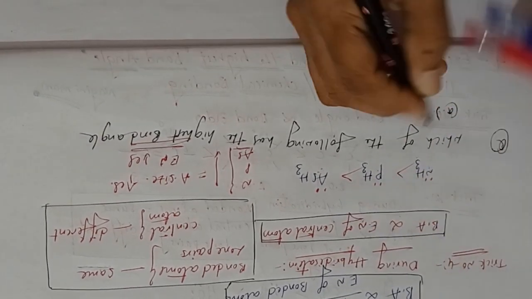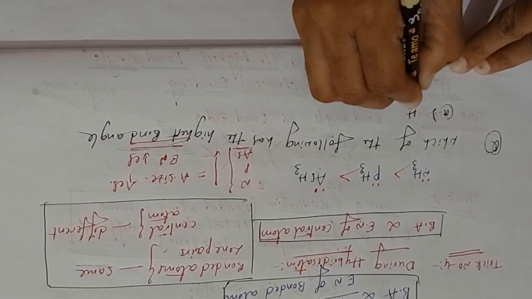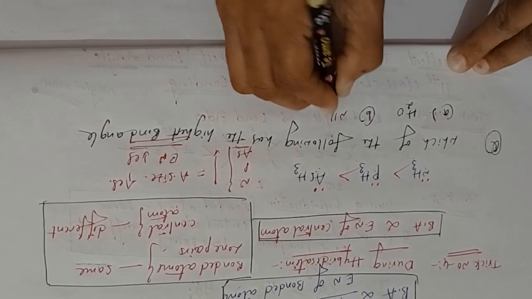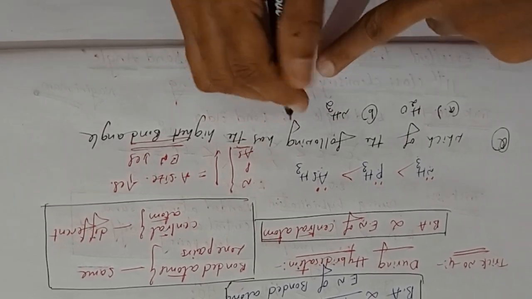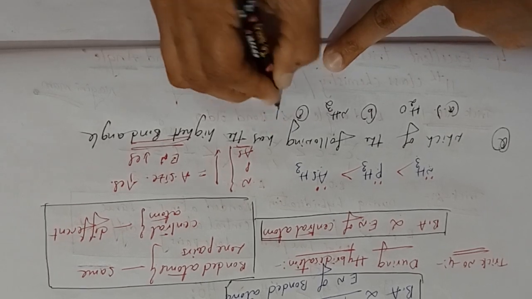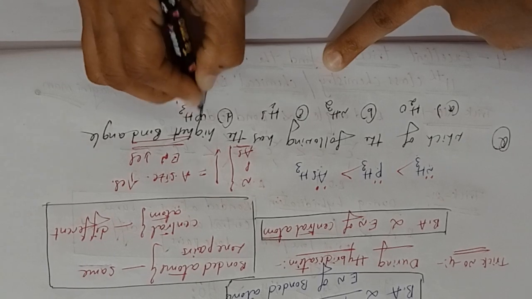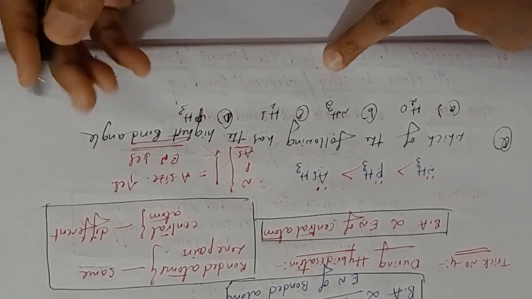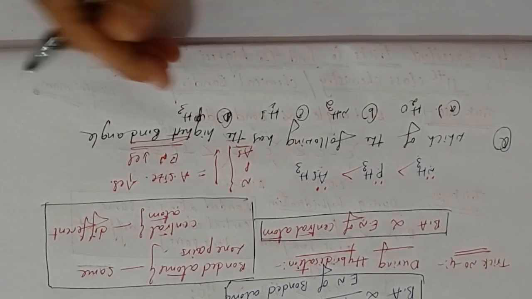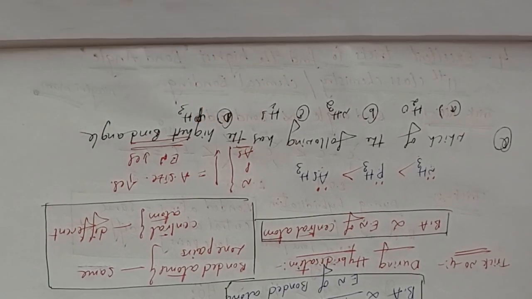Option A, H2O, B, NH3, C, H2S, D, PH3. Phosphine. Okay, 4 options given. So in 4 options, which is showing the highest bond angle?